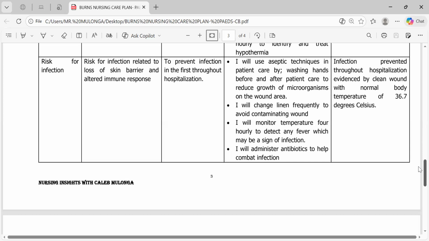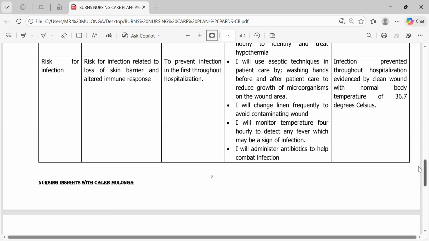Number two, I'll change soiled linen frequently to avoid contaminating the wound, therefore prevent infection. Number three, I will monitor temperature 4-hourly to detect any fever which may be a sign of infection. So here we are going to monitor temperature to detect any fever. If present, it may indicate infection.